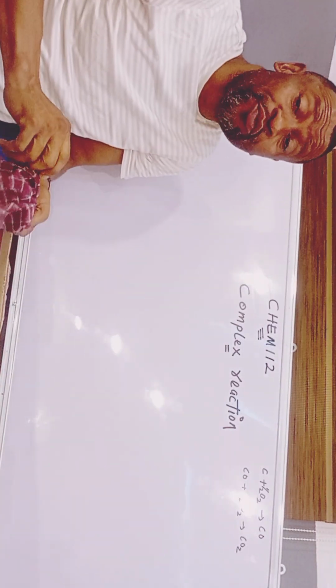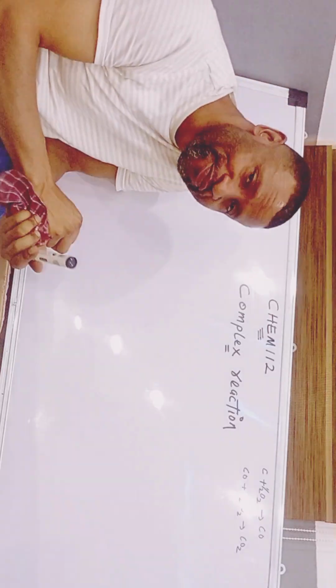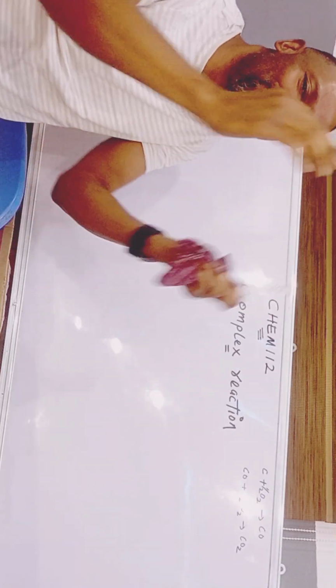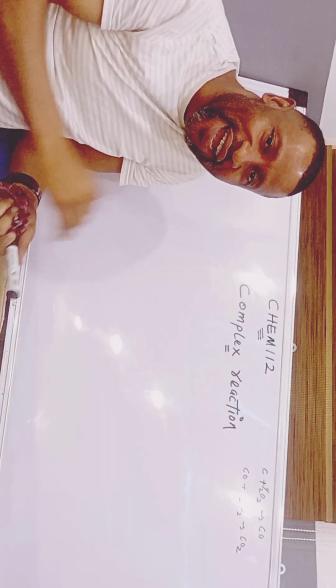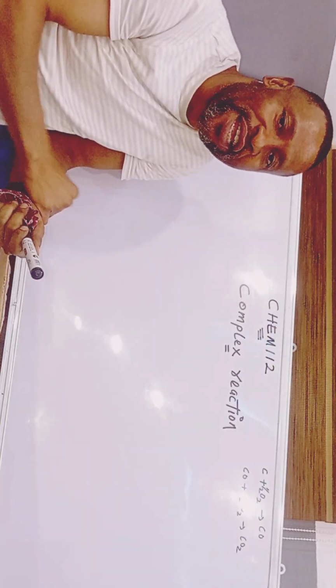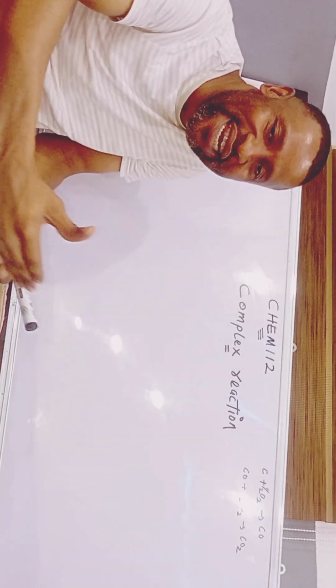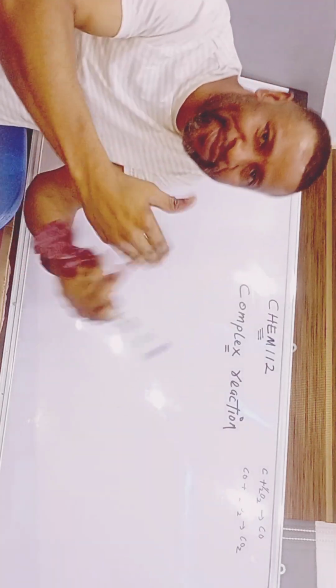In this course, if they ask you what a complex reaction is, you know what you tell them? Tell them that it's a chemical reaction that takes place in different steps. It's a chemical reaction that has what we call many elementary steps.